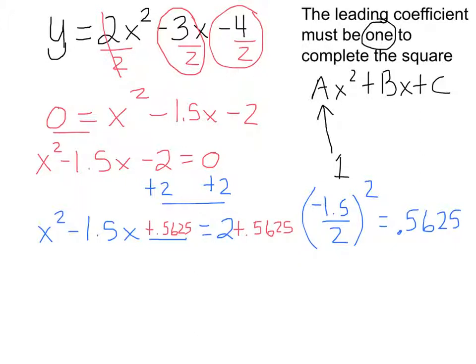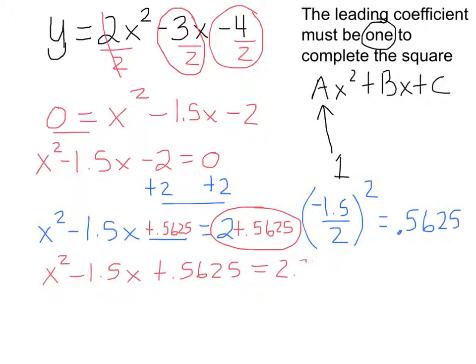Okay, and so I have x squared minus 1.5x plus 0.5625 equals, and then I need to add these two, and so I get 2.5625. And now I need to factor this trinomial right here.